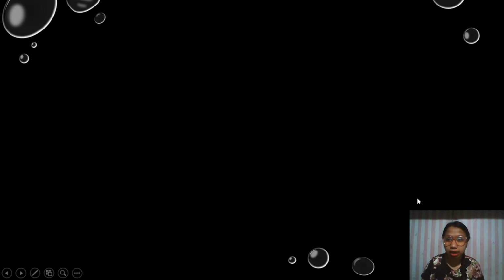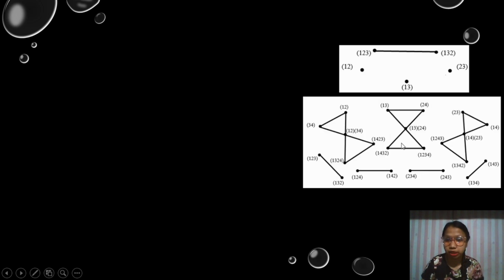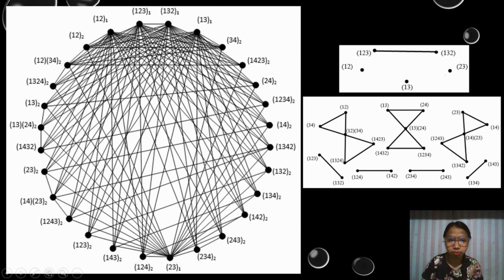Let us look at the resulting graph. Remember the commuting graph of S sub 3, and this one, the commuting graph of S sub 4. If we get the join of these two commuting graphs of symmetric groups, it results in this big graph here.